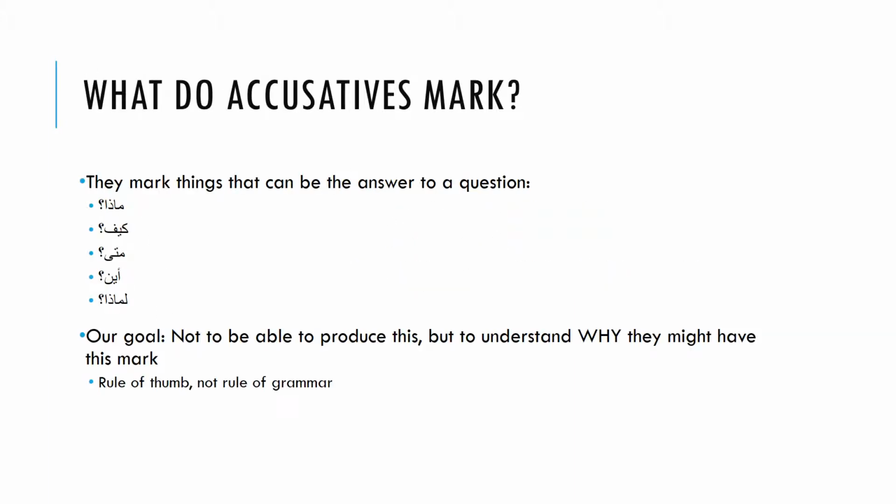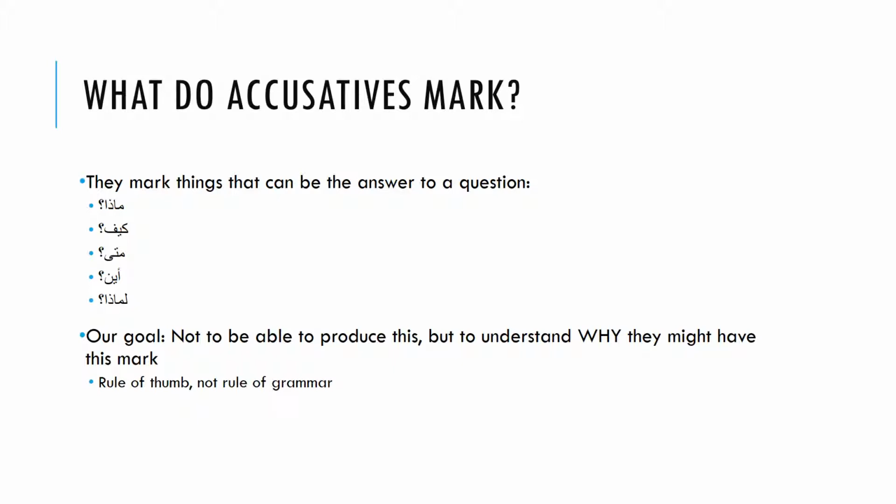So, what do accusatives mark? In reality, they mark particular grammatical functions. We're not going to talk a lot about grammatical functions right now, but for example, these accusative markings will usually mark things like direct objects, things that have things done directly to them, but there's other things that it marks, and they're kind of diverse.